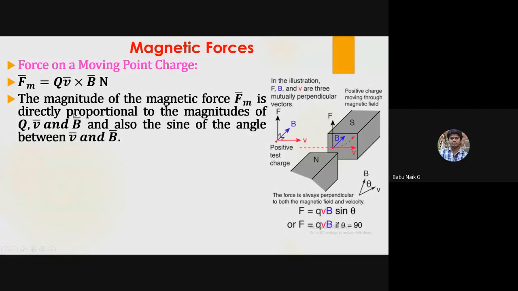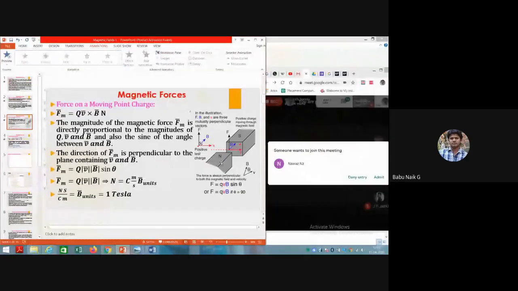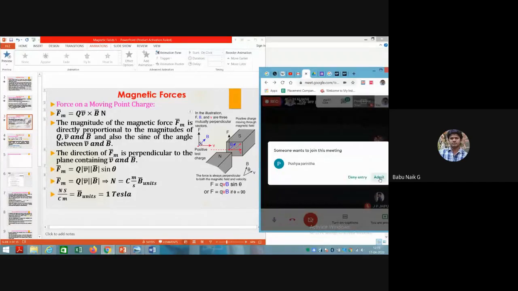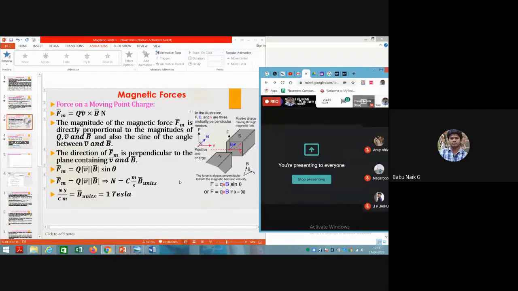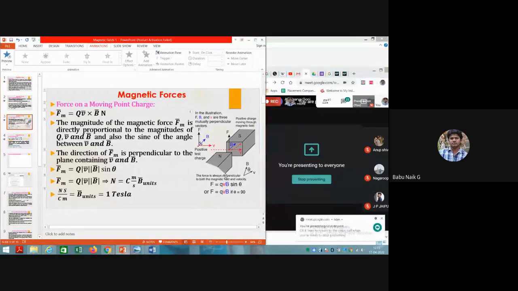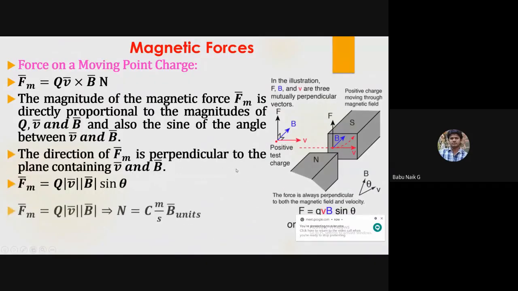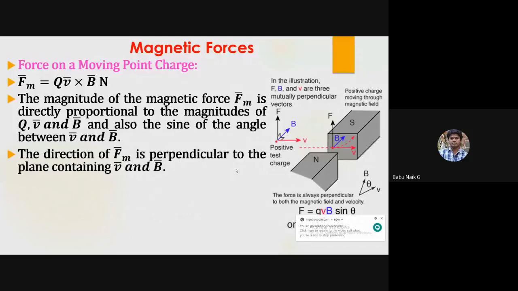This is how we calculate the magnetostatic force.